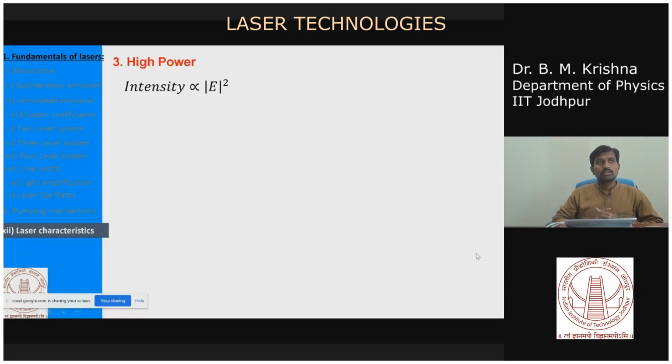Now we know that your intensity is proportional to the square of the electric field. In principle, intensity equals, with some constant related to the refractive index of the medium and the speed of light, n c by 8 pi modulus of E square.